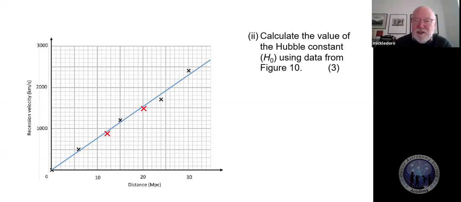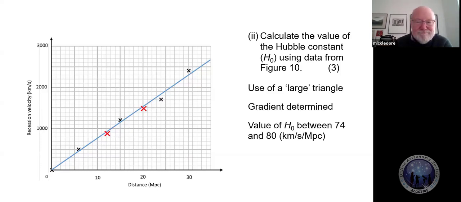So you would just divide the 68 or whatever value you got by the number of kilometers in a megaparsec, and that would give you 1 over the Hubble time. So you then flip it over, 1 over x, and there's your answer.